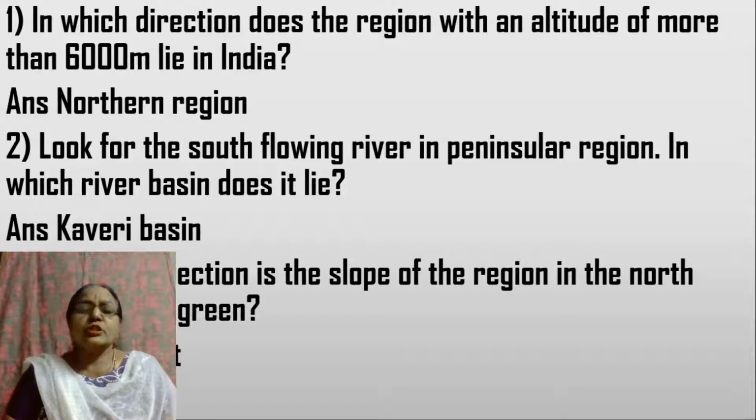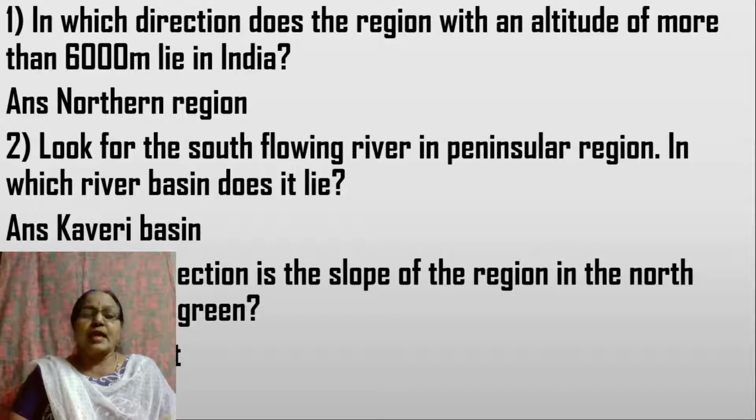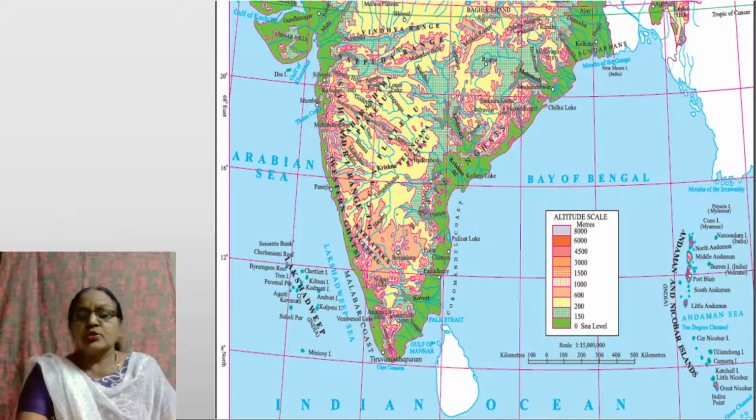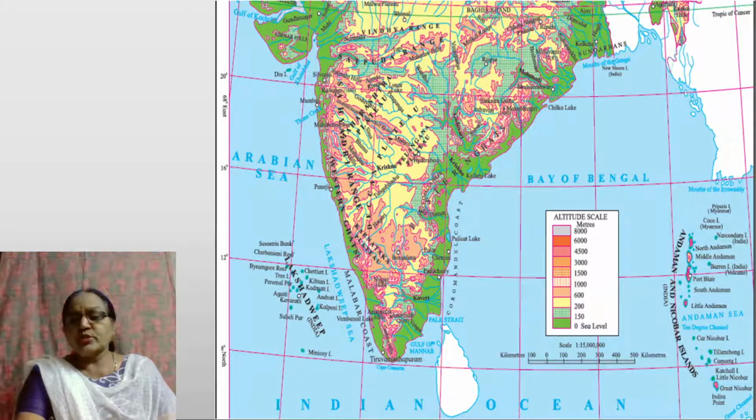Now, based on this map, we have certain questions. So we are going to answer that. In which direction does a region with an altitude of more than 6,000 meters lie in India? Look at the altitude scale here. You'll find the height is given in meters. So above 6,000, look at that.